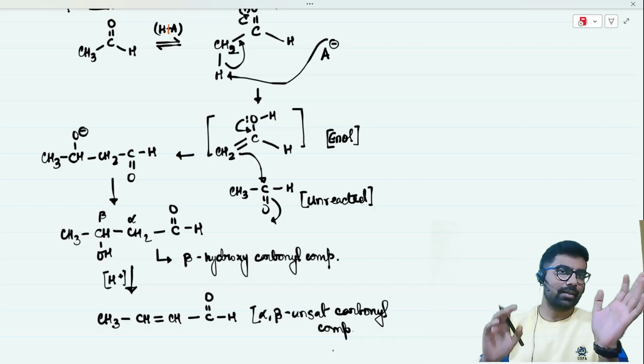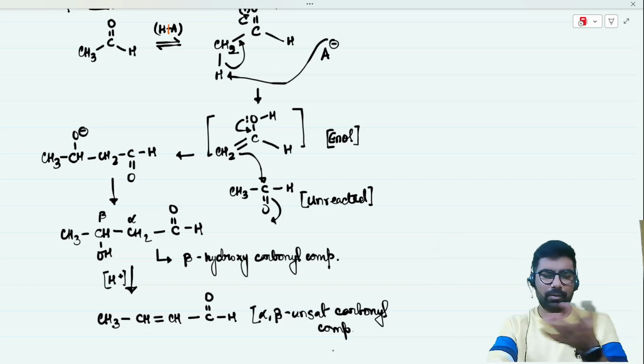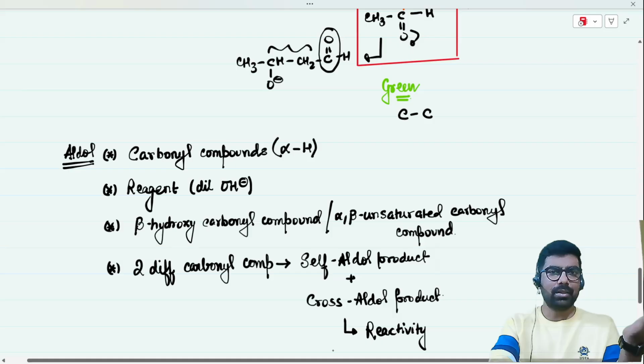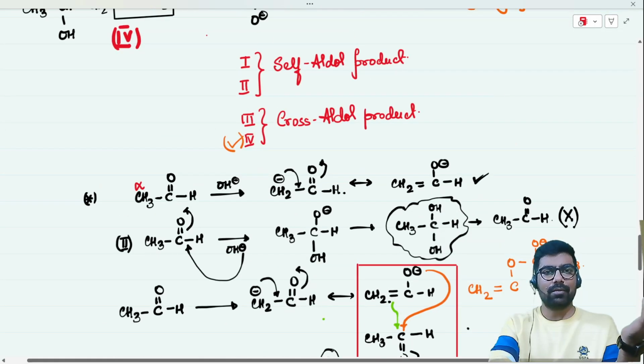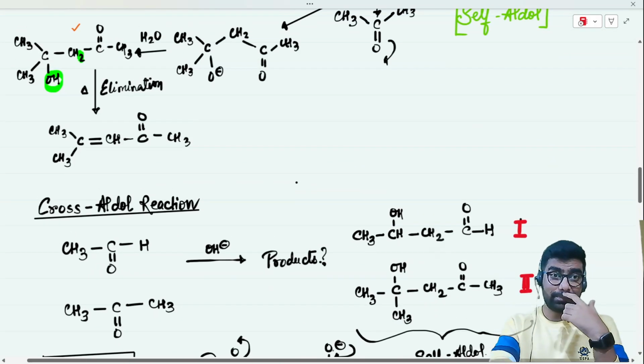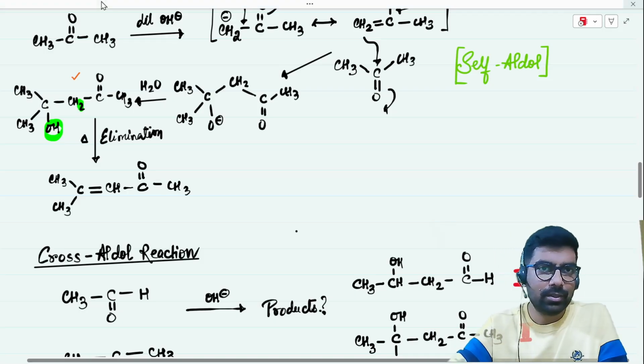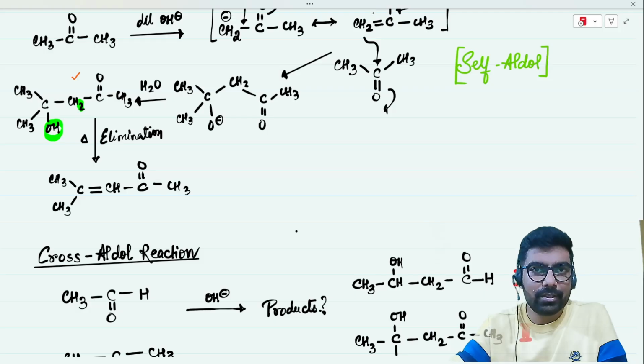The difference is the mechanism. And another thing that the difference is there, if you want to know, it's for general information. In the last step, where the alpha beta unsaturated carbonyl compound is being formed in the original aldol condensation, this elimination is taking place. I am talking about the last step.